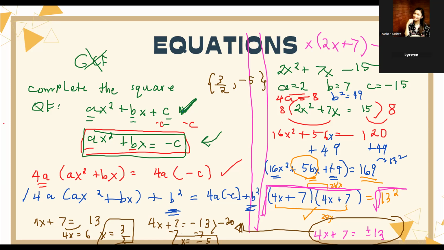Kuha? Opo, medyo na ano lang po dito. Paano po siya naging 13 squared? 169 is 13 times 13. Okay. So yung completing the square kasi, yung step natin na multiply by 4a and add b squared, what it does is it makes the left-hand side a perfect square and it makes the right-hand side a perfect square.